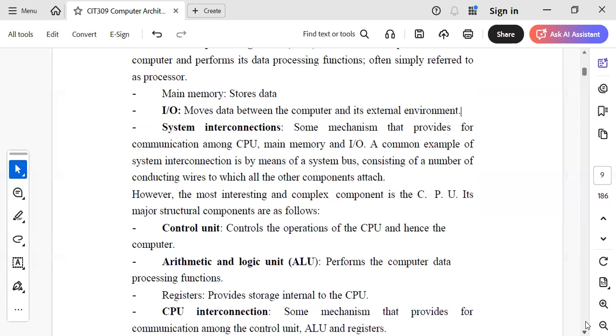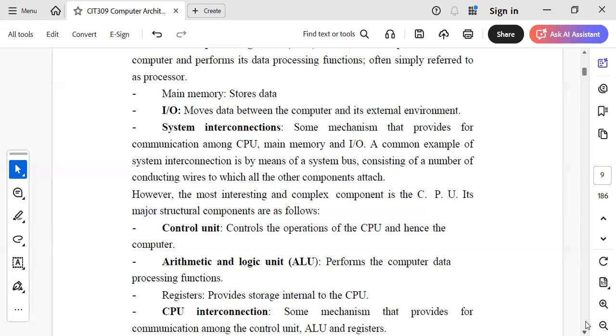Continue. Its major structural components are as follows. The major structural components of the CPU are as follows. The first one is the control unit. The function of control is that it controls the operation of the CPU and hence the computer.